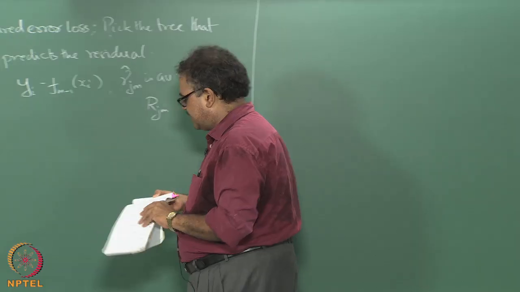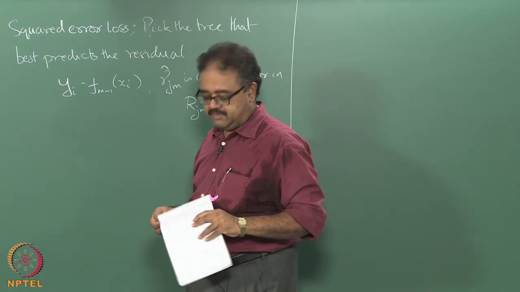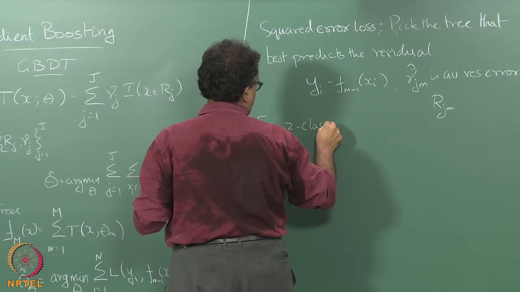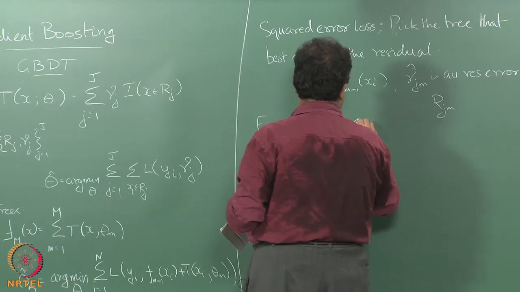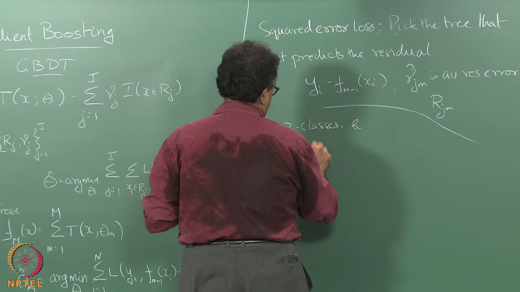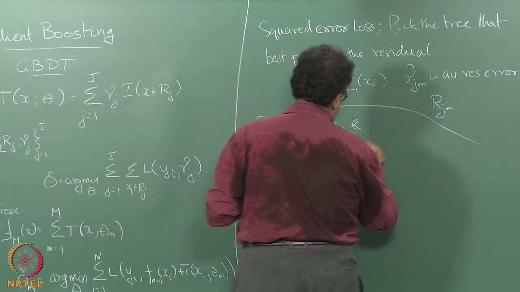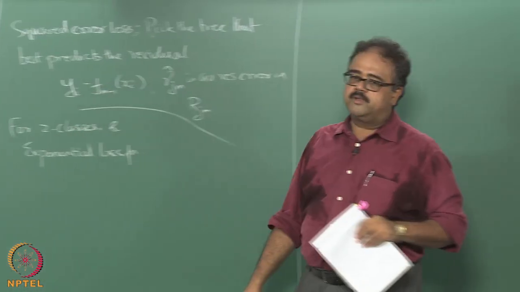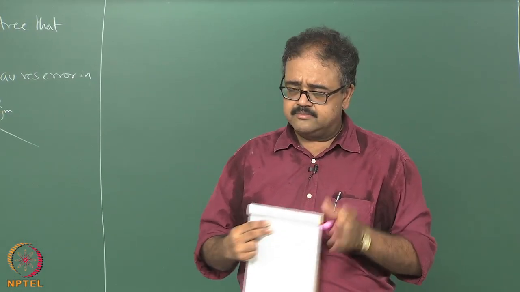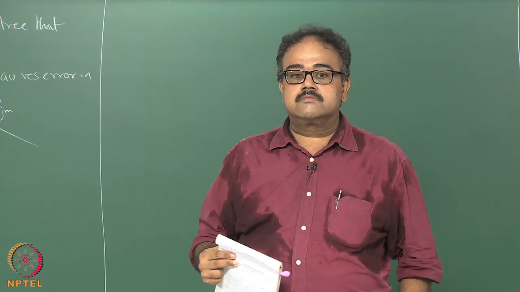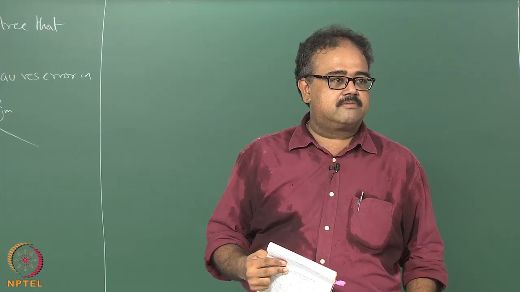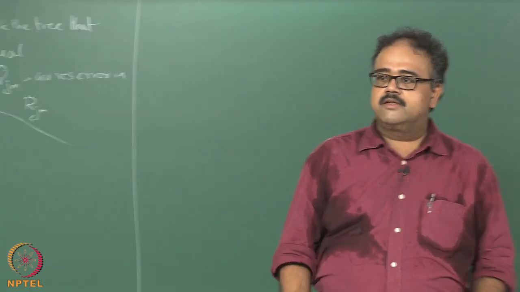In fact, there is another case where it becomes simple, which is for 2 class problems with exponential loss functions. What do you think you get? It becomes exactly the same as doing AdaBoost with trees, for 2 class problems.